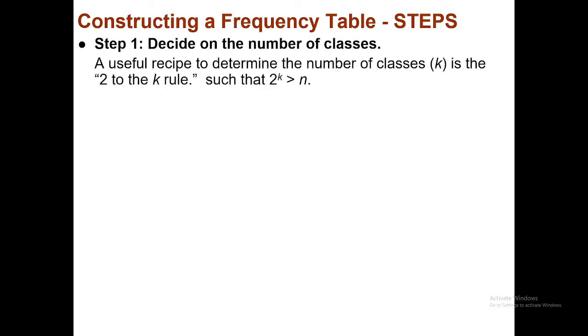Step number 1. 2 raised to k is greater than... Okay, step number 1 is to decide on the number of classes. Then I'm going to be applying this rule over here. Anyways, we will apply this in our example later on.